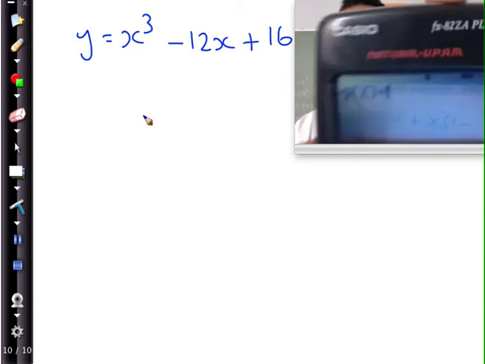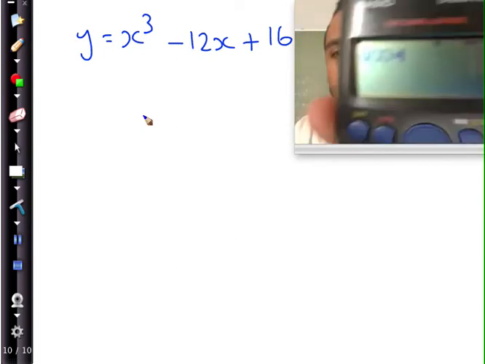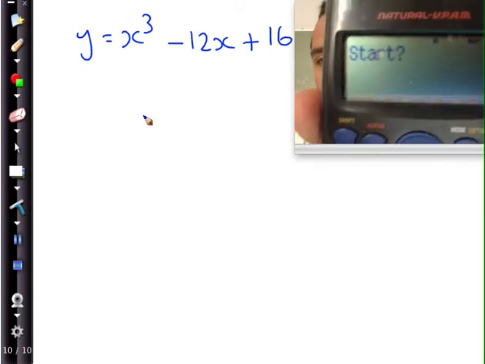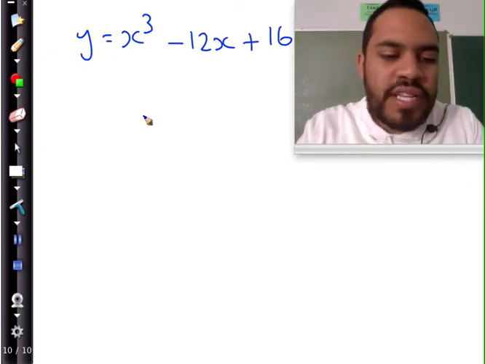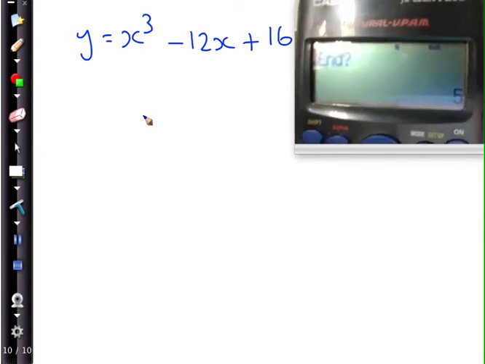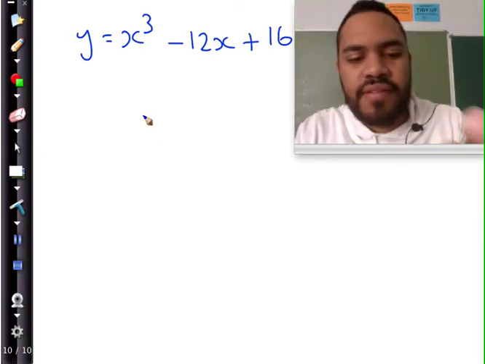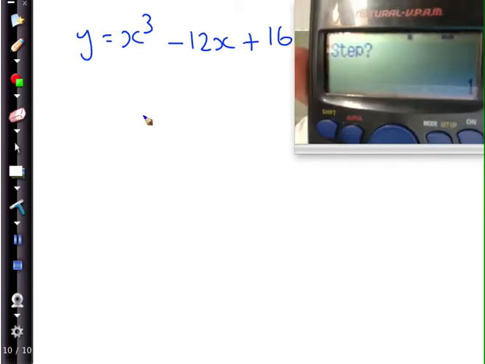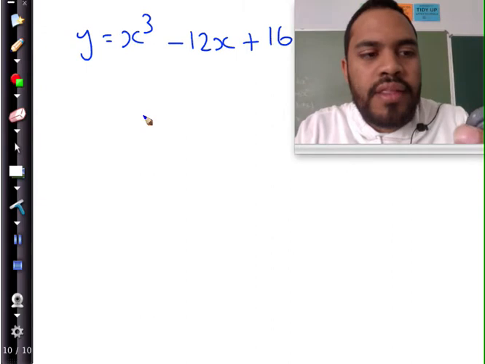If your calculator gives you an option for g of x, ignore it. Press equal to, it's going to ask you for a starting point. And your starting point, let's make it minus 5. It's going to ask you where do you wish to end. We'll end at 5. And we'll step 1 for the purposes of grade 12. Okay. Then you'll get your table.